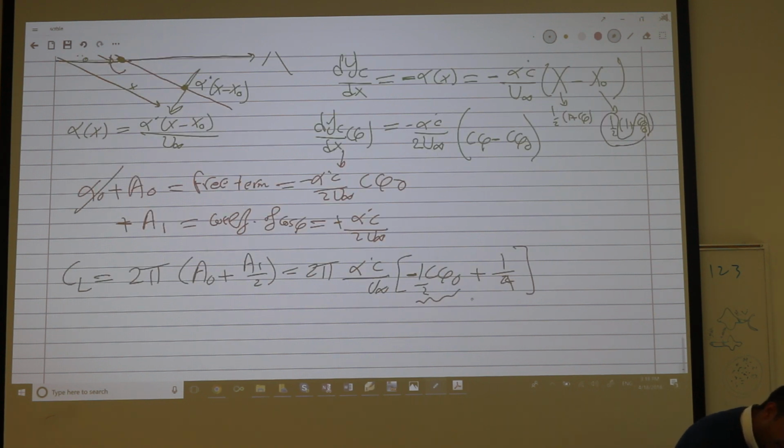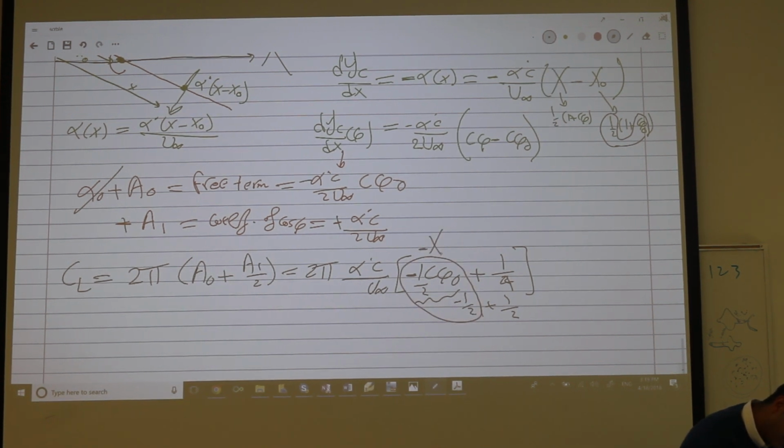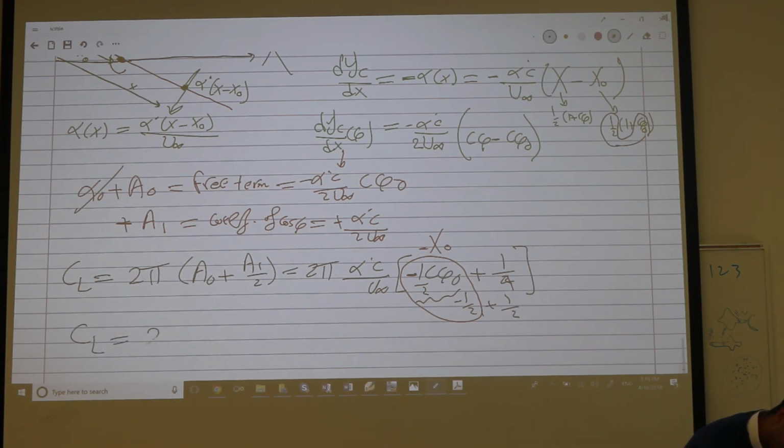So I will subtract a half and add a half. So this guy is now negative x naught, and we're done. My lift coefficient is 2 pi times alpha dot C over U infinity, times 3/4 minus x naught.